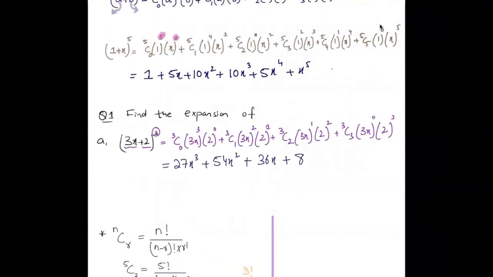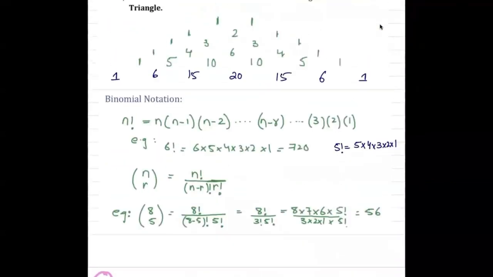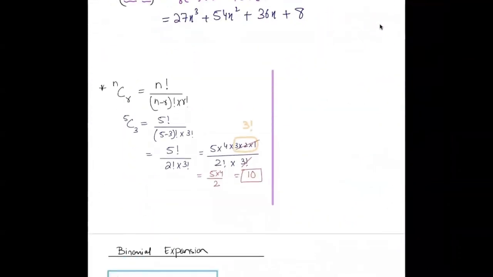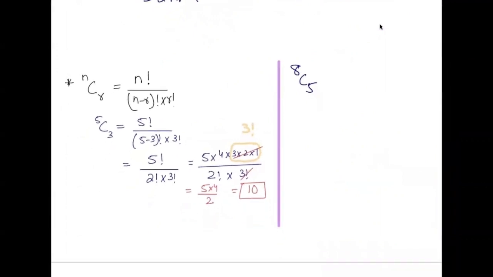Okay. Now you can just try this one. Let's try 8C5. What is 8C5 going to be? If I use the formula, it's going to be 8 factorial upon 8 minus 5 factorial times 5 factorial. Agreed? Yes. So 8 factorial over 3 factorial times 5 factorial.